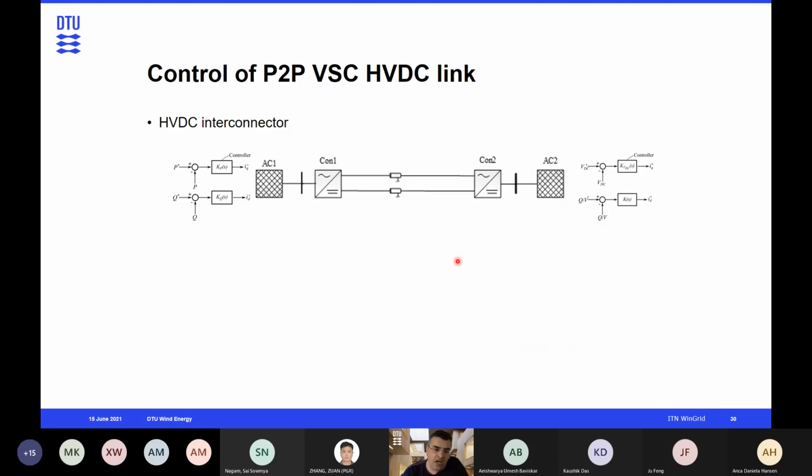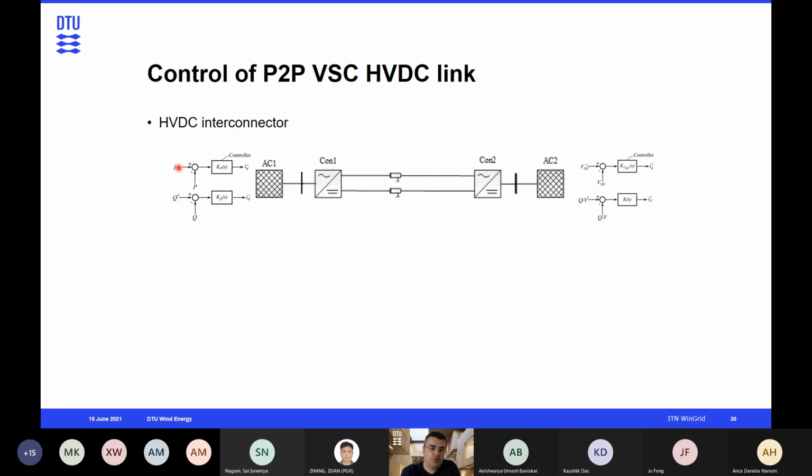When we look at their control, because so far we've discussed basic characteristics, but nothing about control. So when we look at the control of a point-to-point VSC HVDC link, this is showing between two AC systems, and of course one of them will typically control the power flow, so will control the power injected into the DC link, or the power transfer on the link, while the other one will typically try to control the DC link voltage, so maintain the DC link voltage constant.